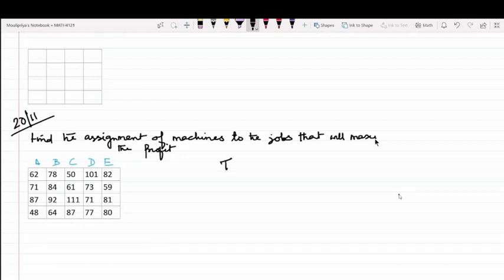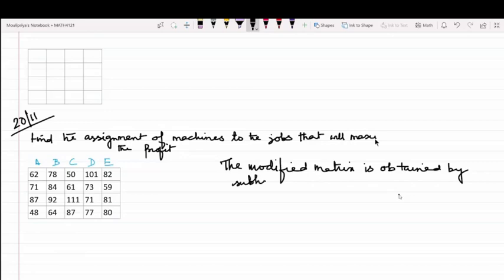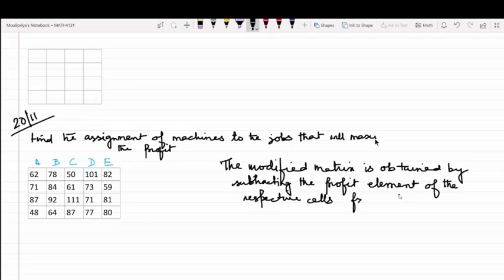Okay, so how do we get the modified matrix? The modified matrix is obtained by subtracting the profit element of the respective cells from the largest element present in the cell.